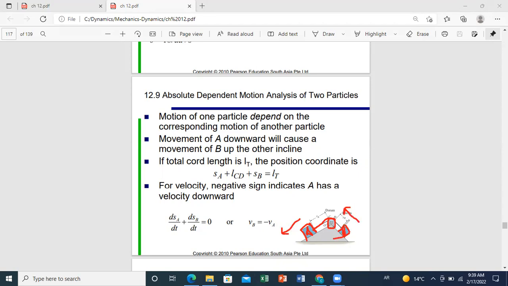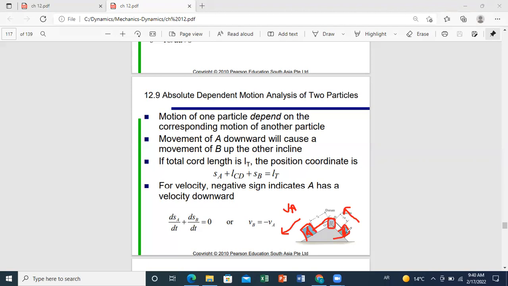And we can, in a simple way, without any calculation, say that the magnitude of velocity of A is equal to velocity of B.